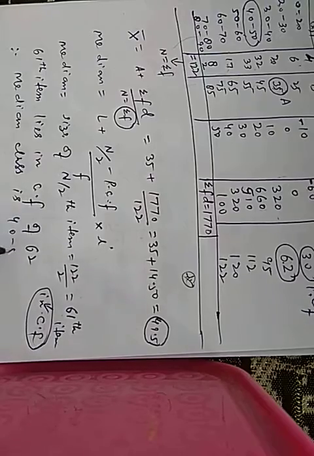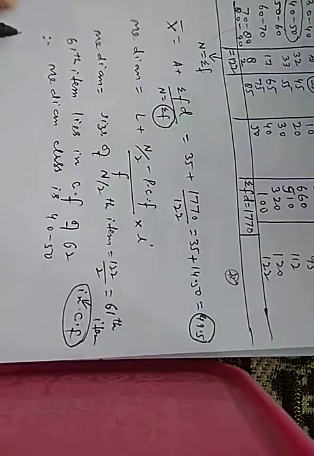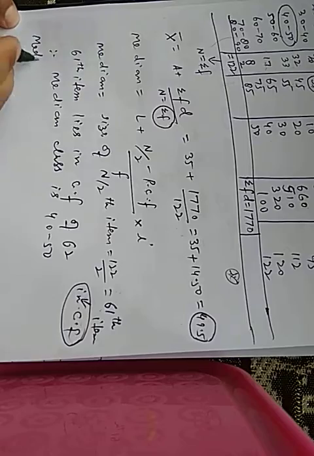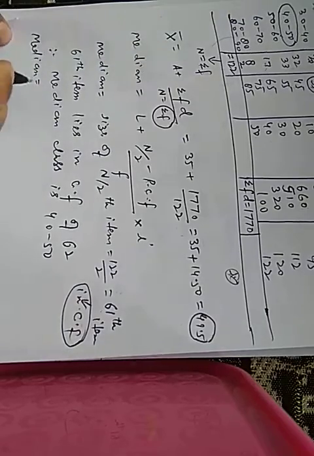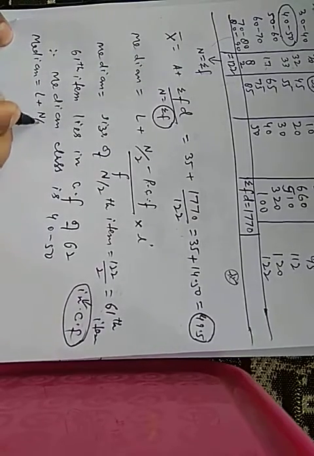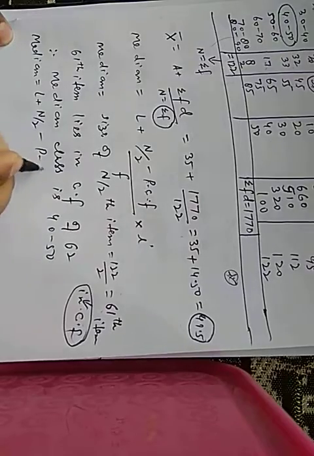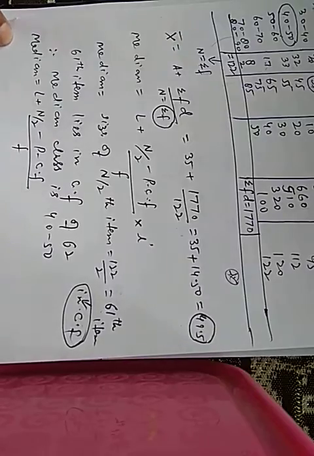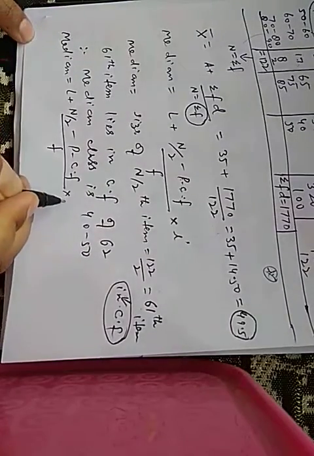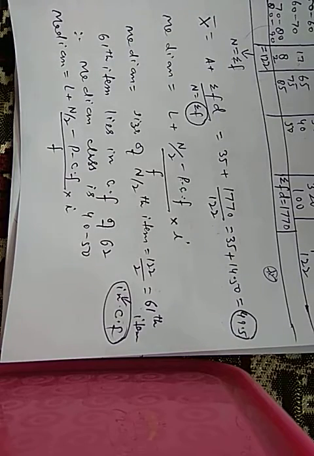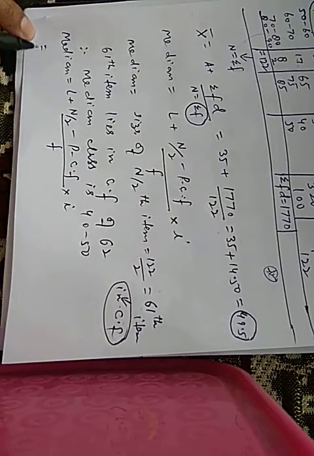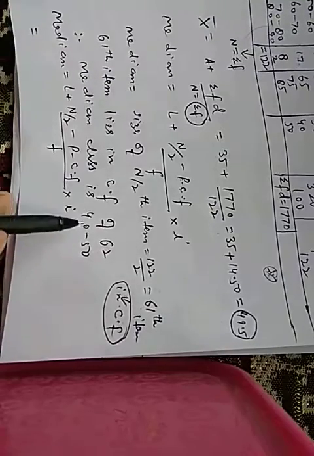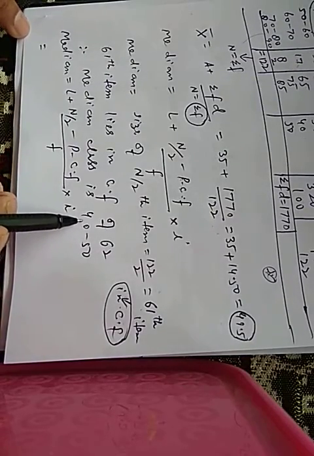Now median is equal to L plus n divided by 2 minus PCF, preceding cumulative frequency, divided by frequency, multiplied by size of class interval. i is the size of class interval, the difference between lower limit and upper limit. The lower limit is 40. This is the median class, 40 to 50.